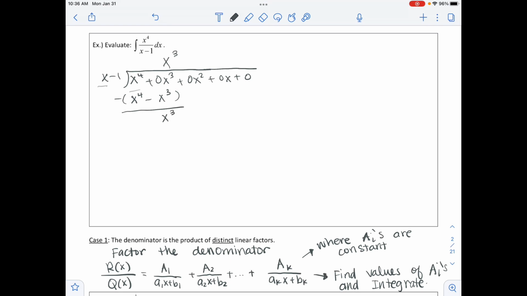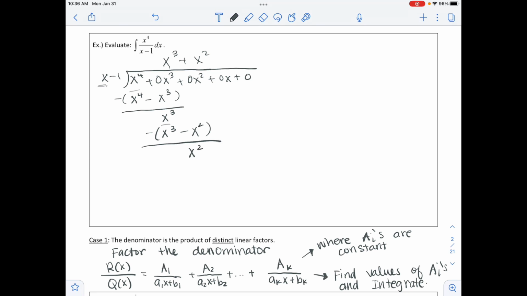And I don't have any consecutive terms to pull down, so I'm going to ask myself again, x times what is x cubed? And that would be x squared. So I'm going to put plus x squared, again lining up those degrees that we have. So this is x squared, so keeping everything lined up. And then I'm going to multiply x squared times x minus 1, and I get x cubed minus x squared. And again, subtract. When I subtract, I'm going to end up with an extra x squared.